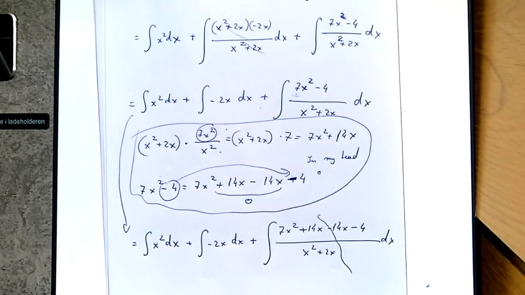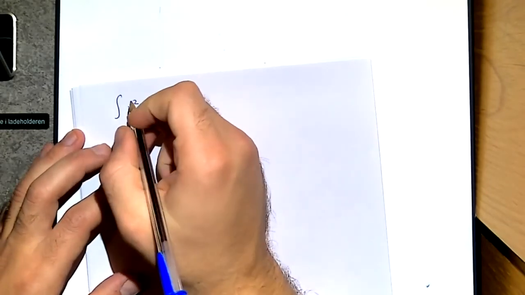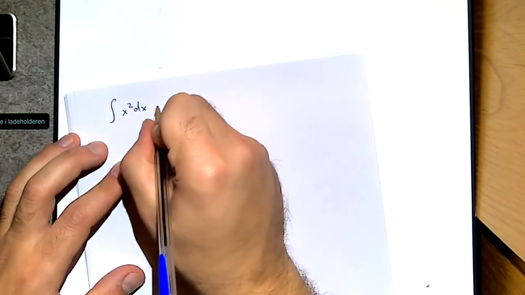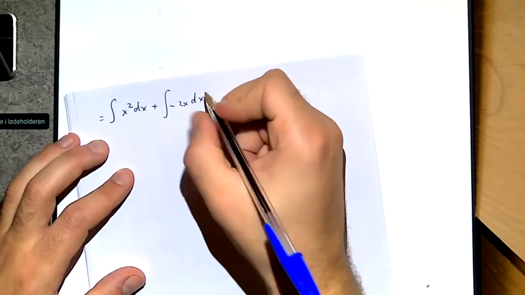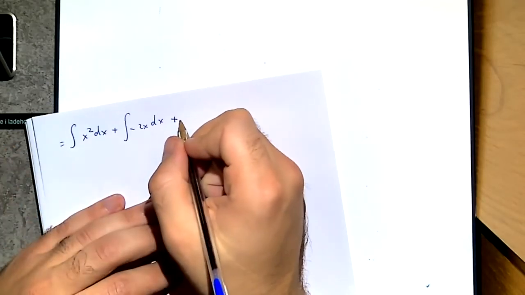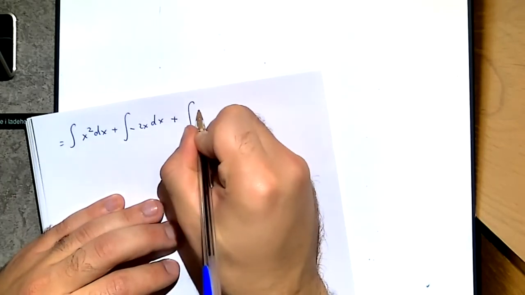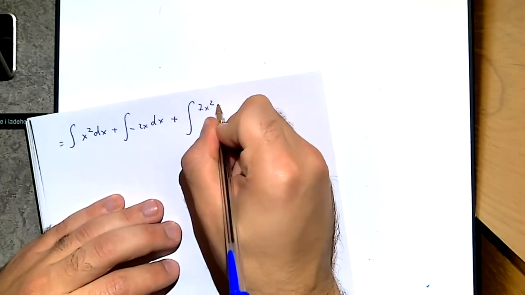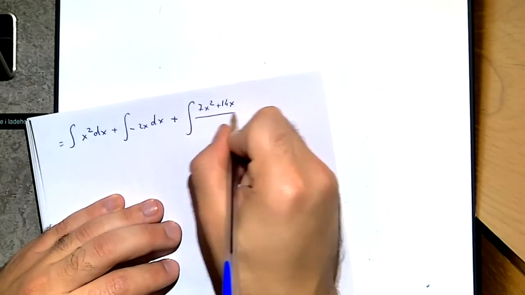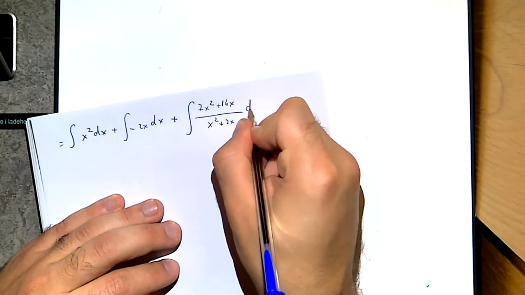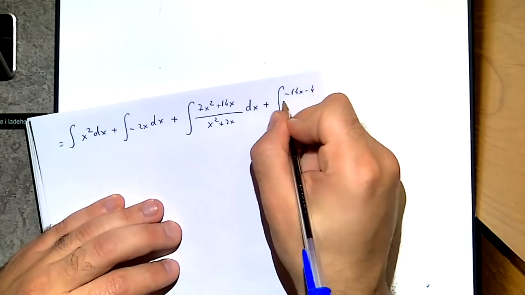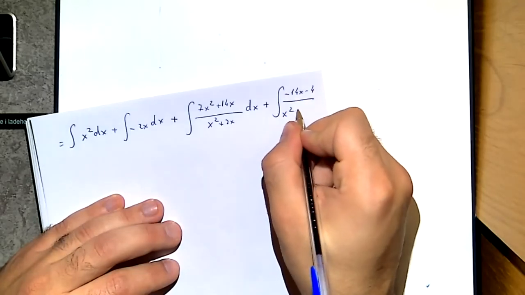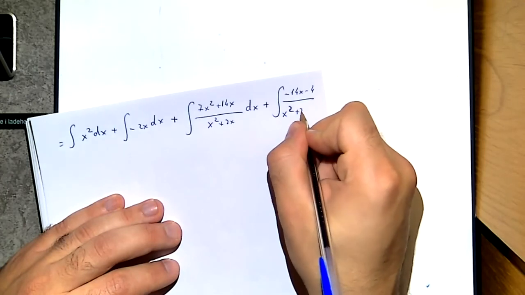I split it here and I get the integral of x squared dx plus the integral of minus 2x dx plus the integral of 7x squared plus 14x over x squared plus 2x dx plus the integral of minus 14x minus 4 over x squared plus 2x dx.